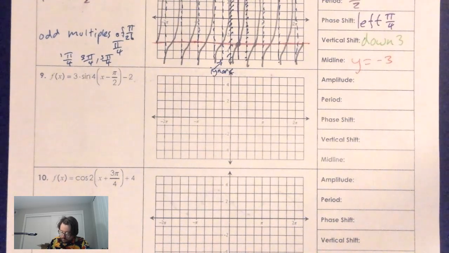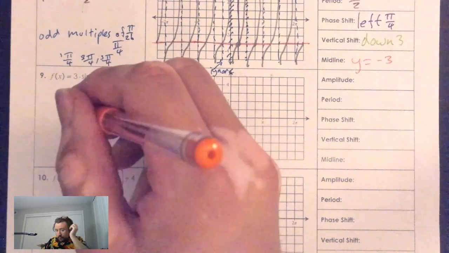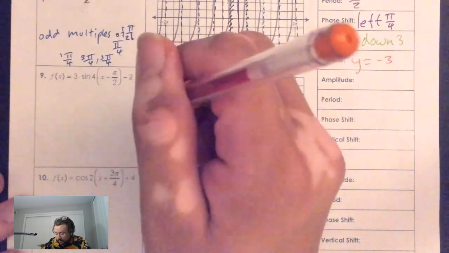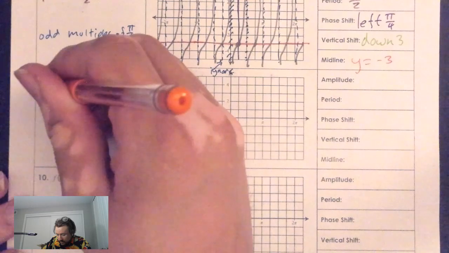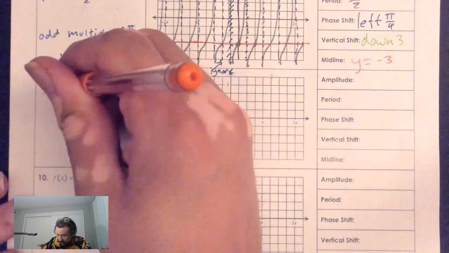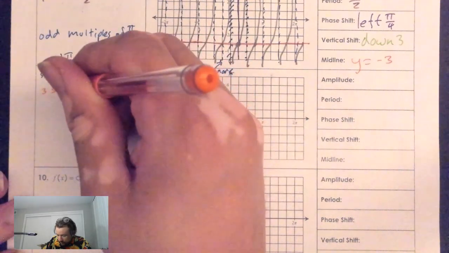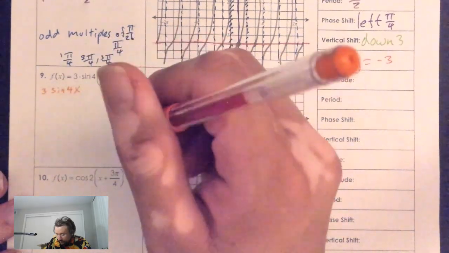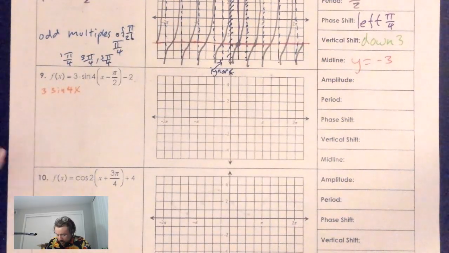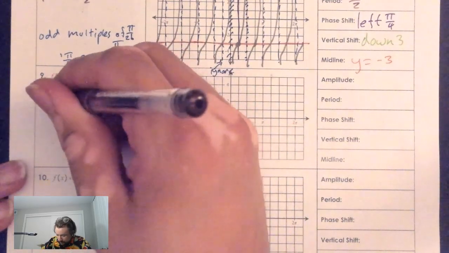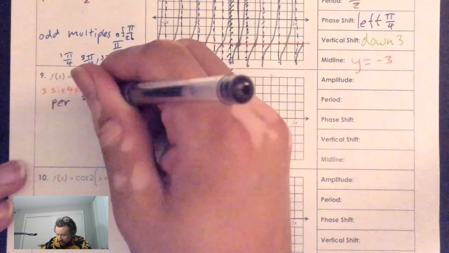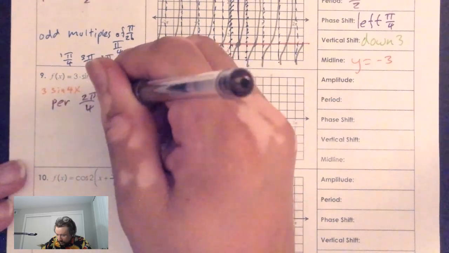Let's do a few more. Let's do a couple of these based off the transformations. So here we see that without any vertical or horizontal transformations, I can see that this would be 3 sine 4x. So that means its period would be 2 pi over 4, which is pi over 2.